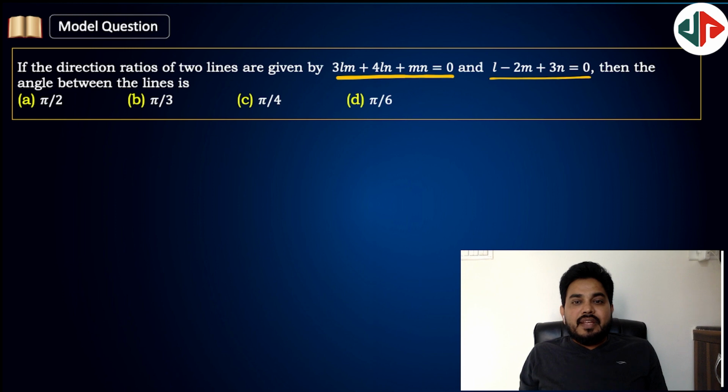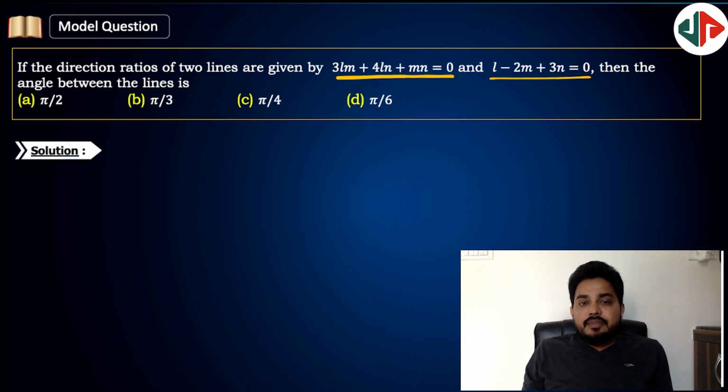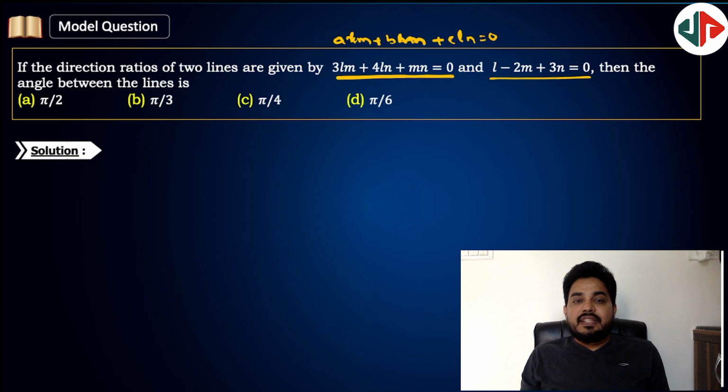Okay, so technically, if you look at here, this equation is in the form of aLM plus bMN plus cLN is equal to 0, and this equation.